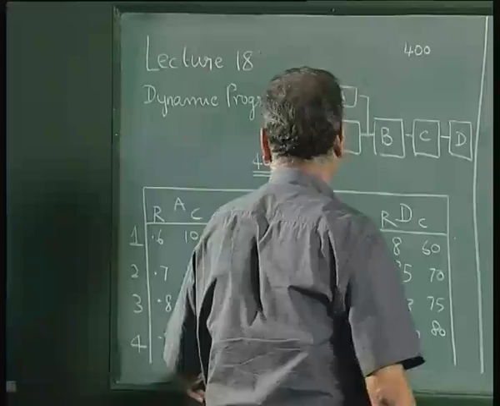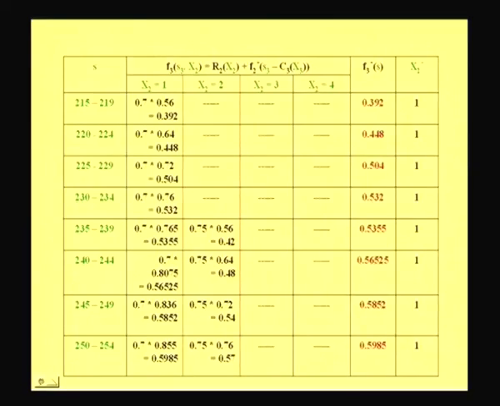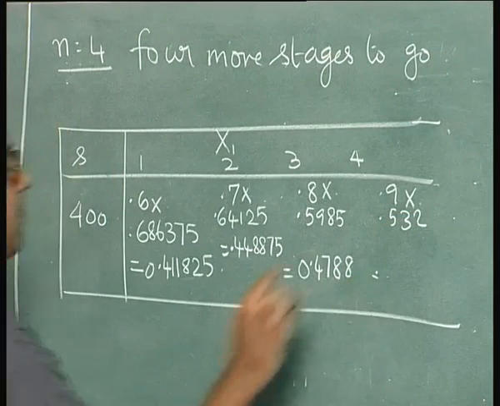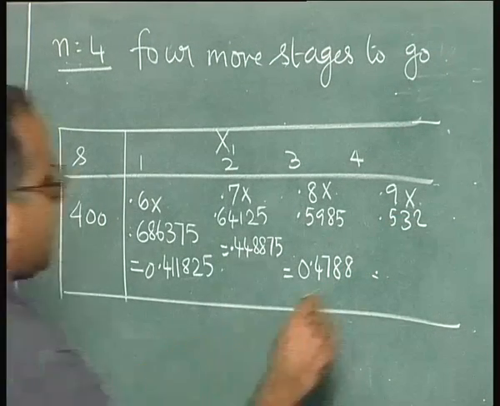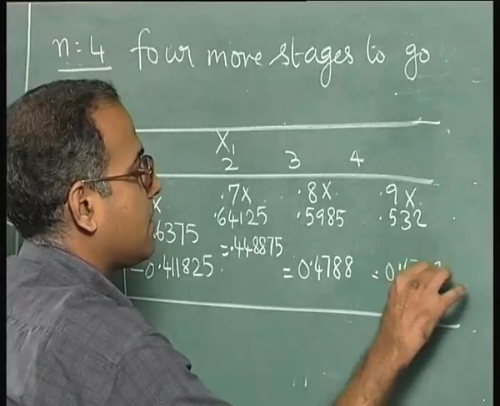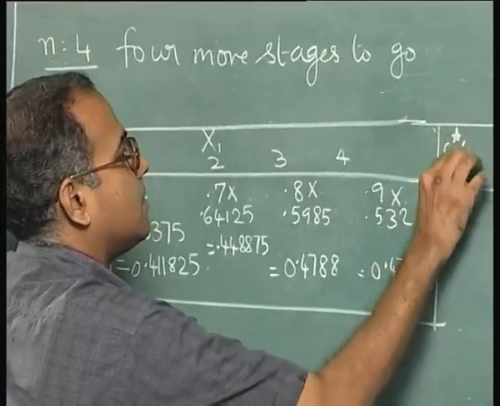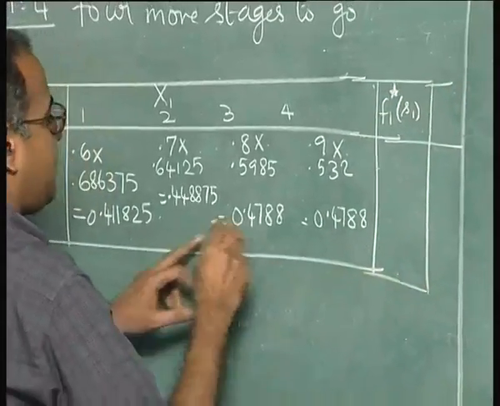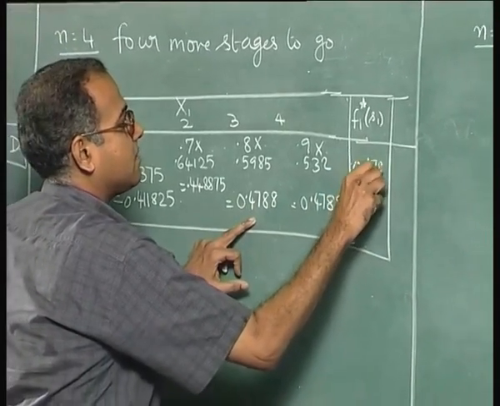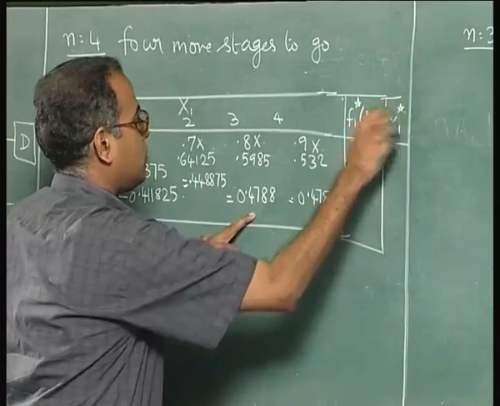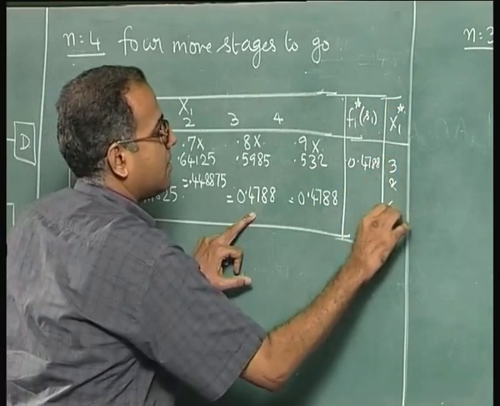We spend 170, there is a balance of 230, so you get 0.532. This on multiplication also gives us 0.4788. So now the best value, which is f1 star of S1, happens to be 0.4788, and x1 star we have two values which are 3 and 4.